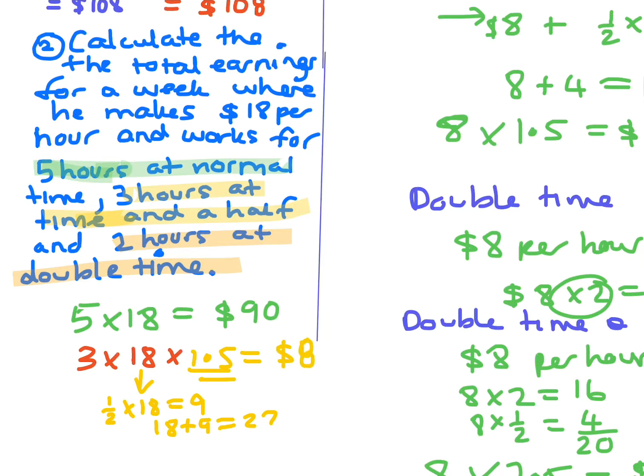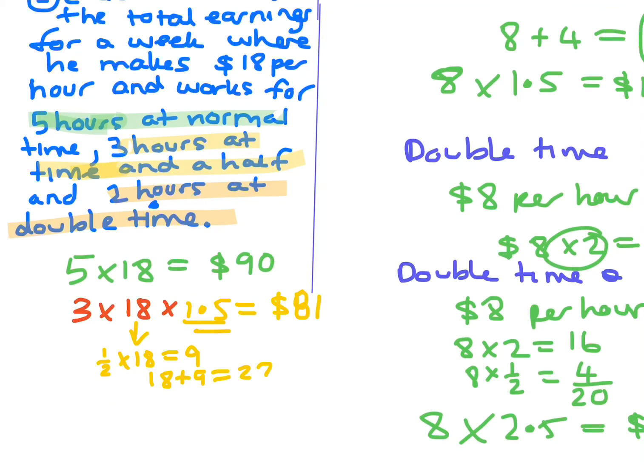So that's $81. And then finally, let's look at the last part. You could go 2 hours times the 18, but we're going to do that at double time. So you times 2, because it says it's at double time. So 2 times 18 times 2, you end up with $72.